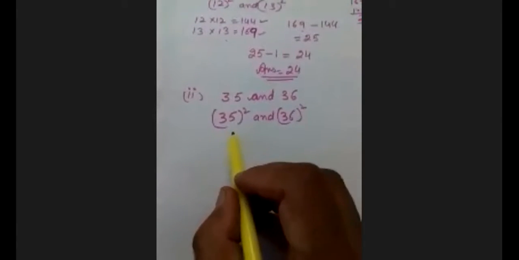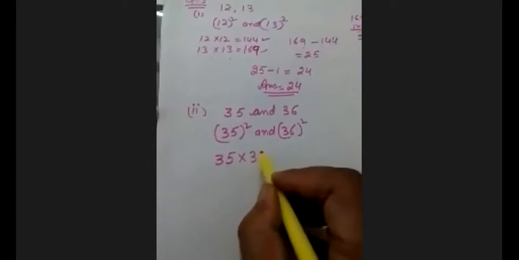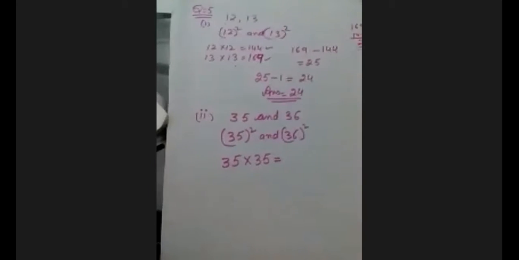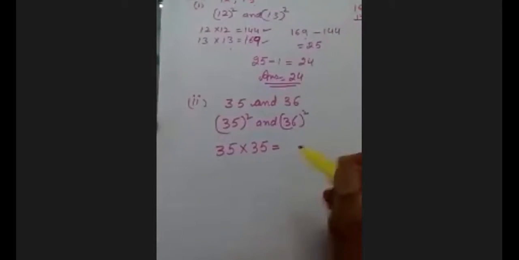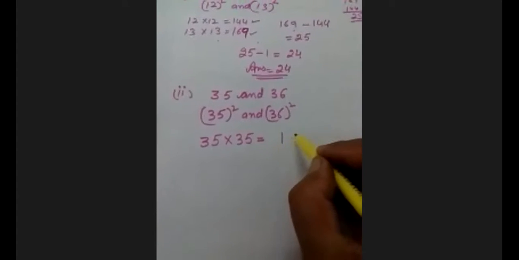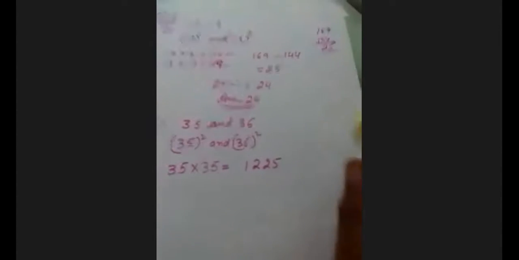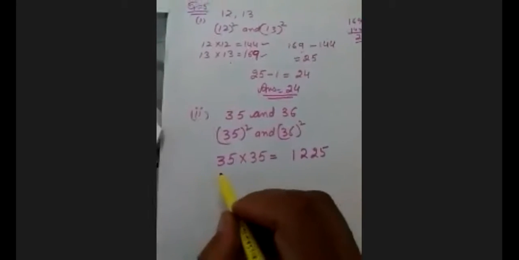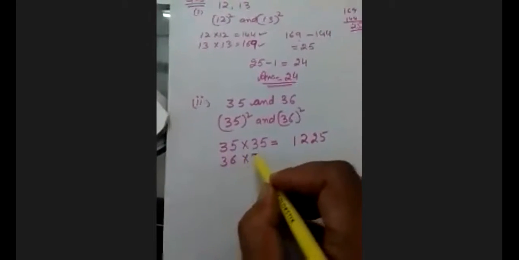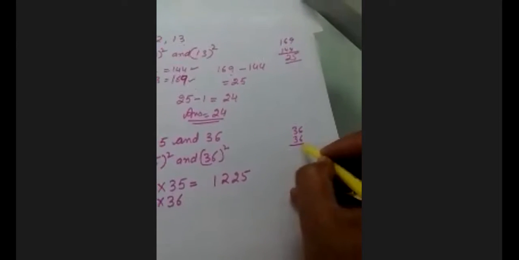Now 35 square, 35 multiplied by 35. Now students, on the rough side, multiply 35 into 35. We have 1225. 35 into 35. Next is 36 square. 36 multiplied by 36. Now on the rough side, 36 into 36.